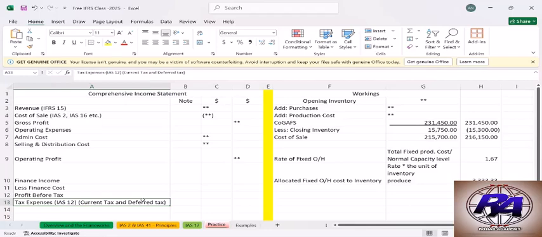So how do we determine all those figures? How do we account for them? How do we even present them? And which aspects? And we will solve some questions from the ICAG past questions to augment our understanding. So that's why we are here.